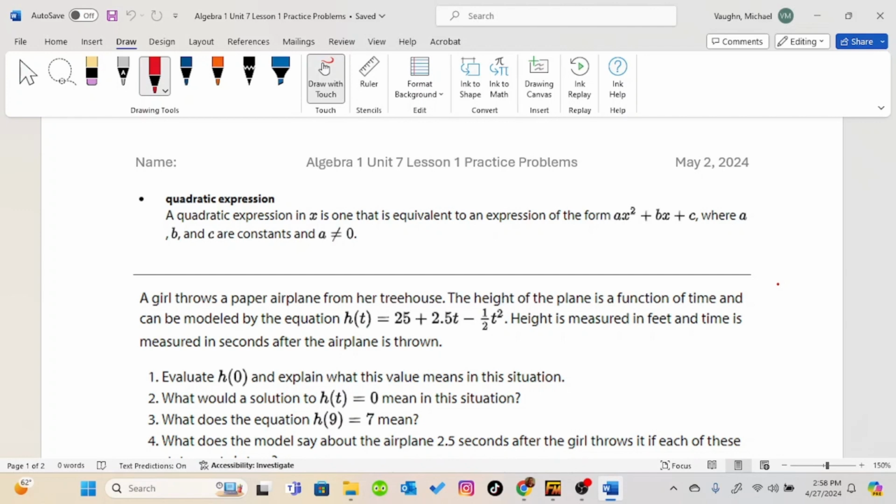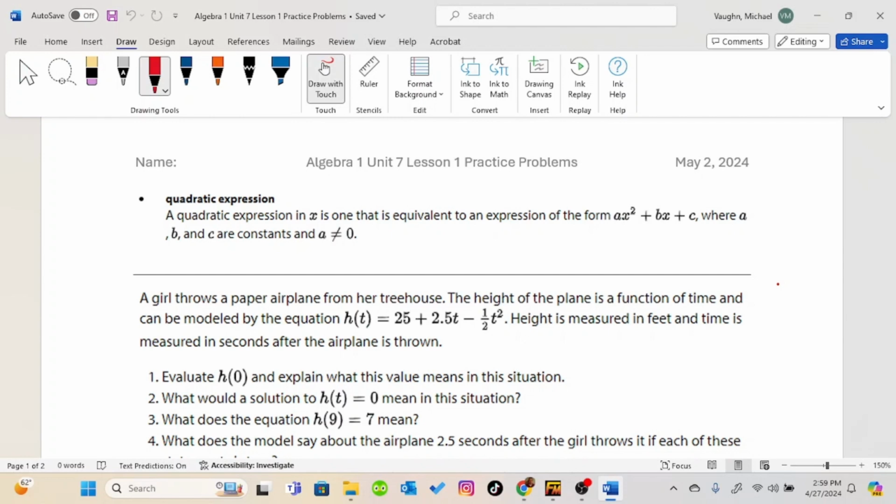I want to start out by going over a key vocabulary term that you'll need to know as we work through these practice problems. A quadratic expression in x is one that is equivalent to an expression of the form ax squared plus bx plus c, where a, b, and c are constants and a does not equal 0.